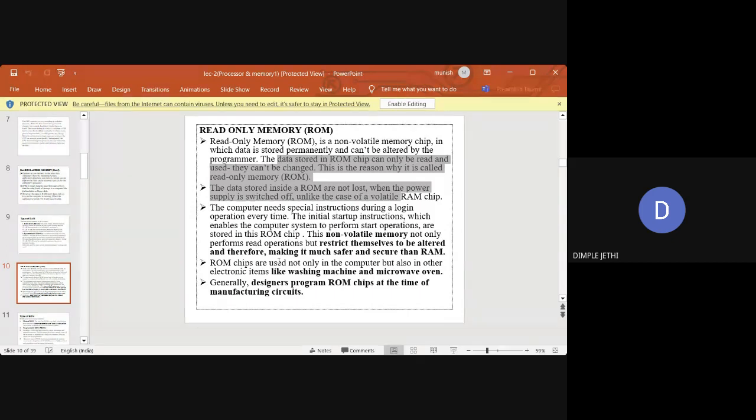So what we write in ROM, which is not for the user to manipulate, are basically the instructions which are necessary for the computer to start.